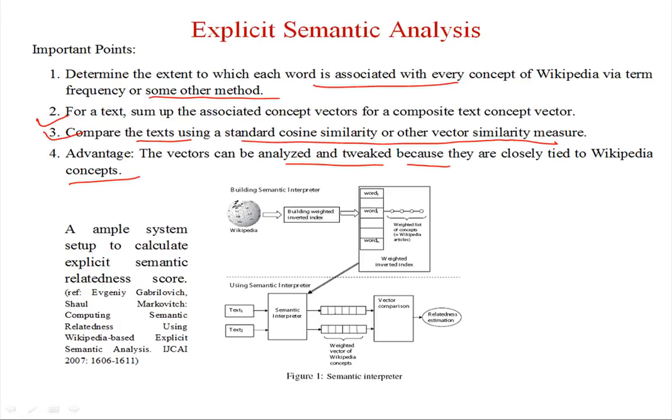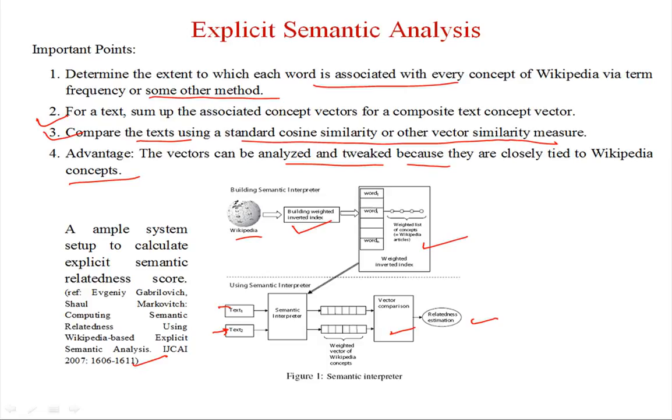Here is an example and system setup to calculate the explicit semantic relatedness score, which I referred from here. First, build a semantic interpreter from Wikipedia articles, building a weighted inverted index. These are the words and the weighted list of Wikipedia concepts. Now we have two texts, text 1 and text 2, the semantic interpreter gives weighted vectors of Wikipedia concepts, then vector comparison and relatedness estimation.